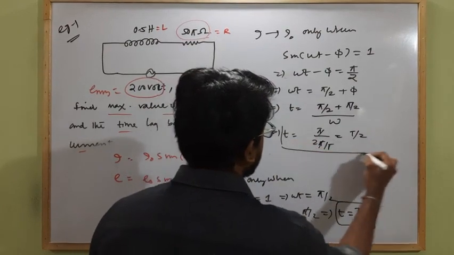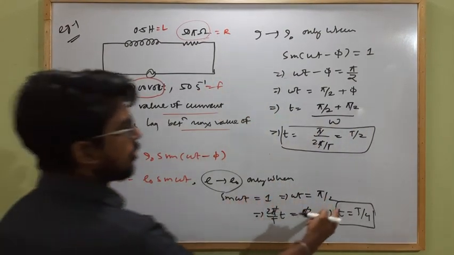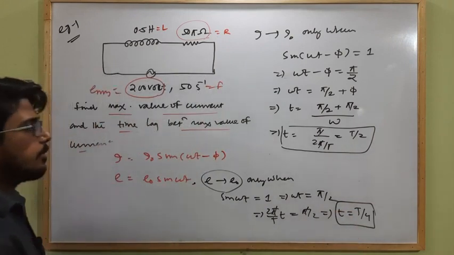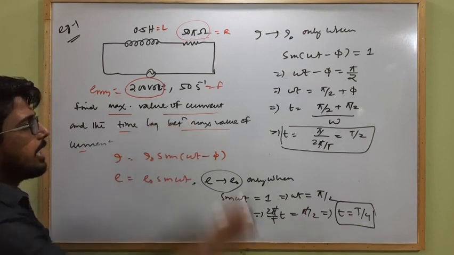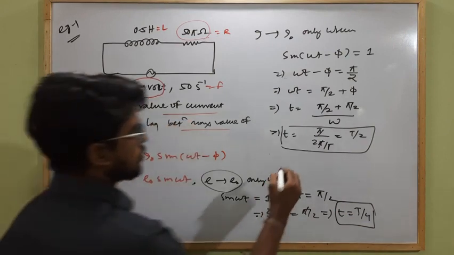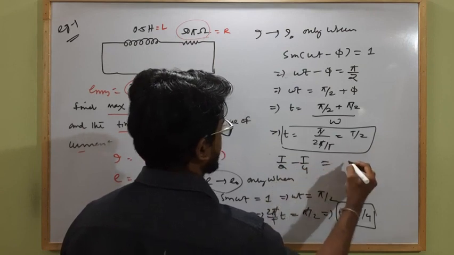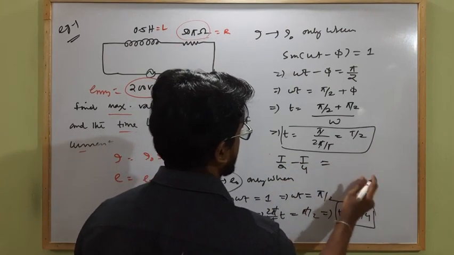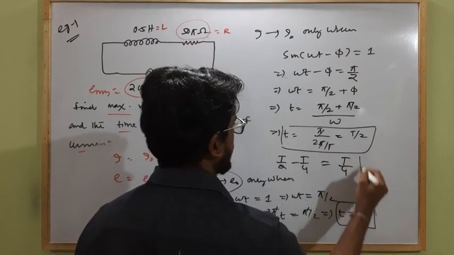So at T by 2 the current will become maximum, and at t equal to T by 4 the EMF will become maximum. So what is the time lag between these two? It will be T by 4.